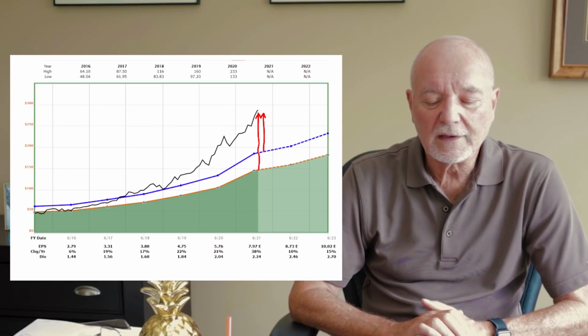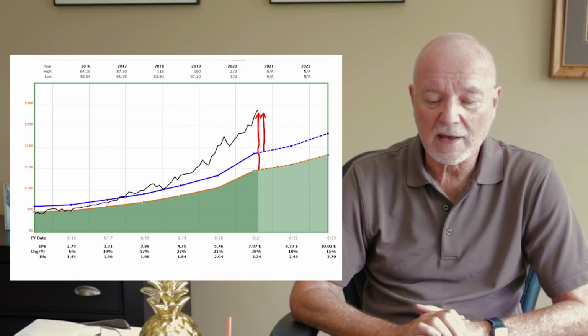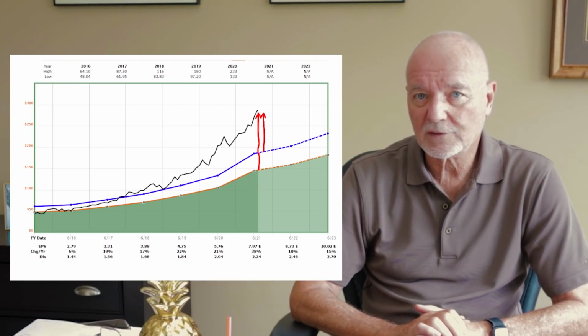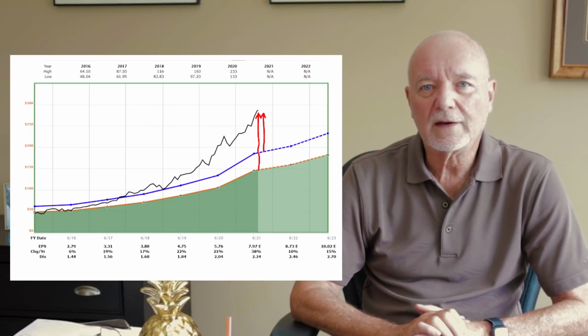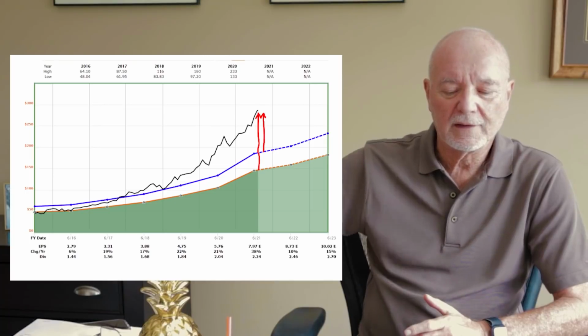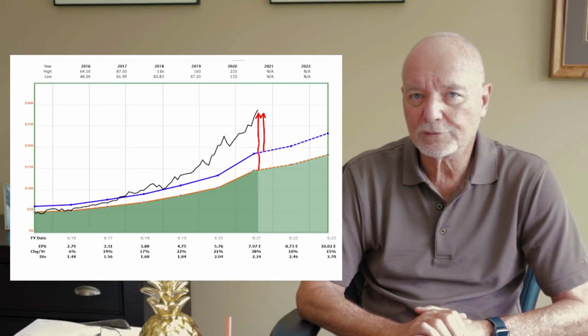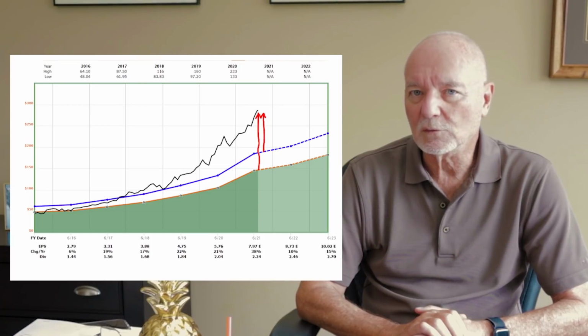This display shows the overvaluation of Microsoft's stock. This price graph is from Fast Graphs, and if you've seen my other videos, you know that Fast Graphs provides fair value reference lines. On this graph, there are 2 fair value reference lines, one orange, one blue.